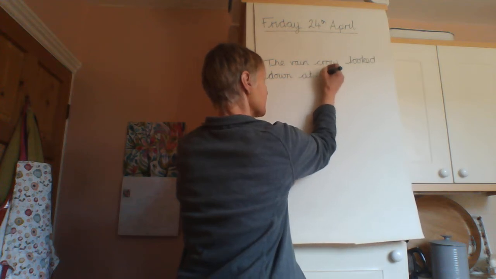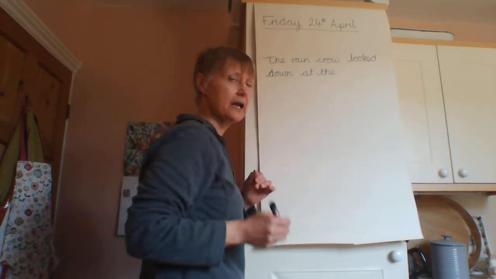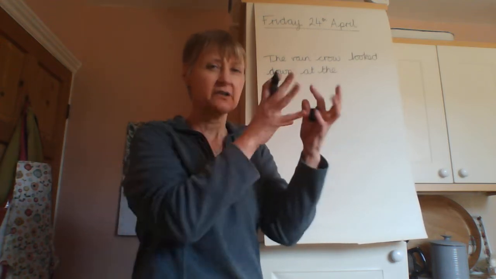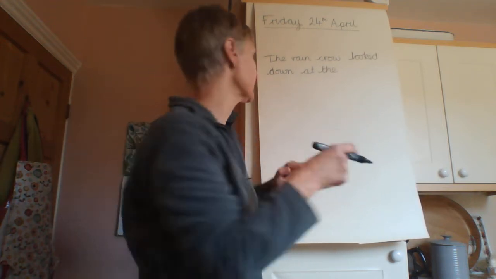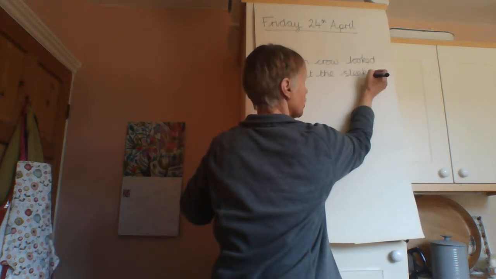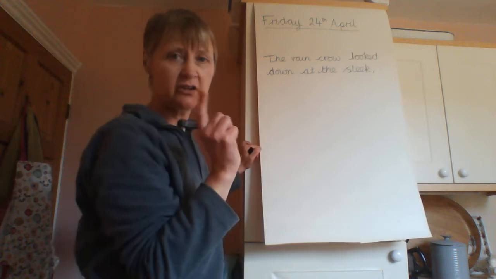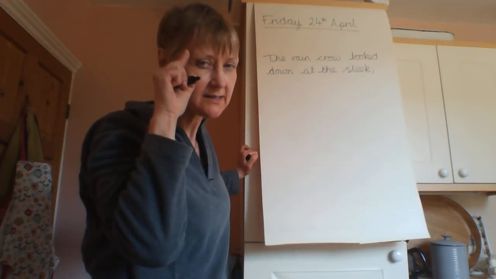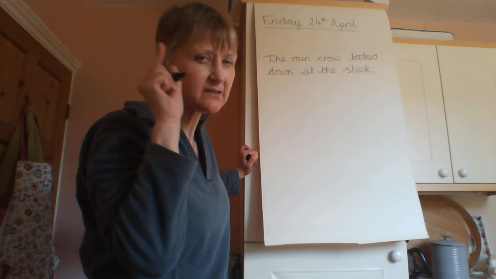at, I'm going to describe the fox using a power of three. So I need to think, a fox is very sleek, so I'm going to use sleek. At the sleek, comma, and then I can use two words from yesterday, cunning, which means devious, intelligent in a tricky sort of way.